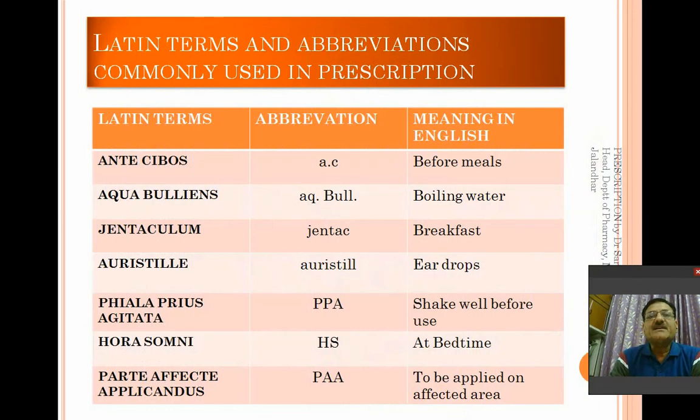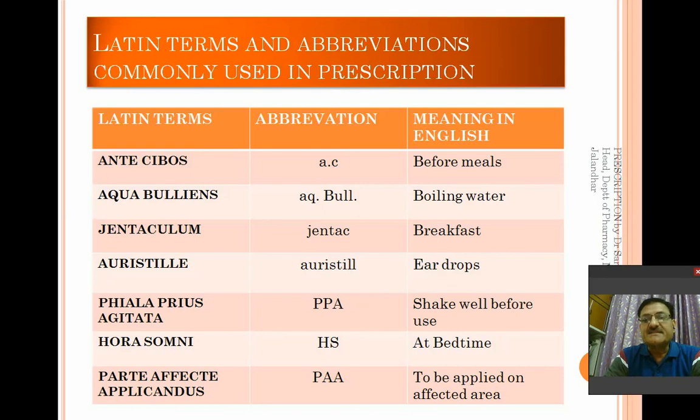There are certain Latin terms which are commonly used in the prescription. The pharmacist must know, like ante cibos, it is written as AC. It means that it is to be taken before meals. Ex aqua bulliente means it is to be taken with boiling water. Gentaculum, it is written as Gentac, means breakfast, after breakfast or with breakfast.